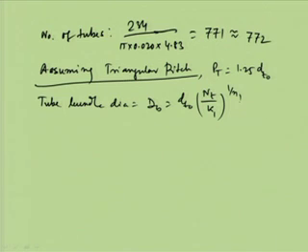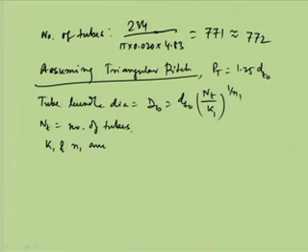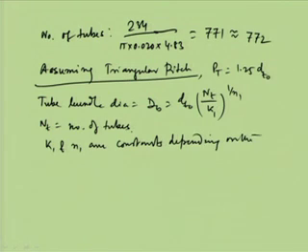NT is the number of tubes, and K1 and N1 are constants depending on the pitch and type of pass.